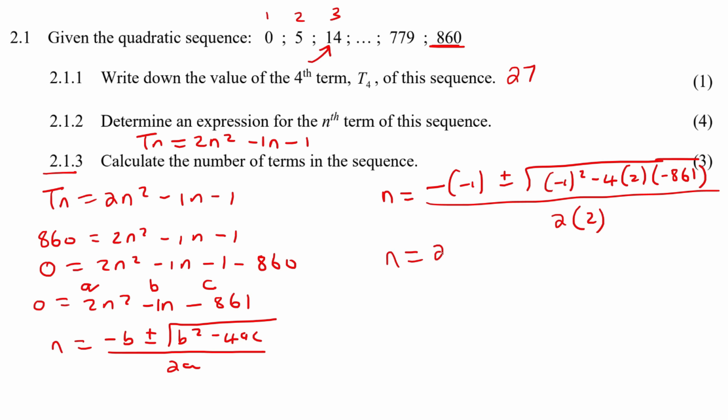You'd get n as 21, or n is negative 20.5. Now remember what n is. n is a position, so you can't have a negative position, so we're going to cross that one out. It also can't be a decimal number. n is a position, so it's position 21. This is position 21, but because that's the last term in the sequence, we can also say that there are 21 terms in the sequence.